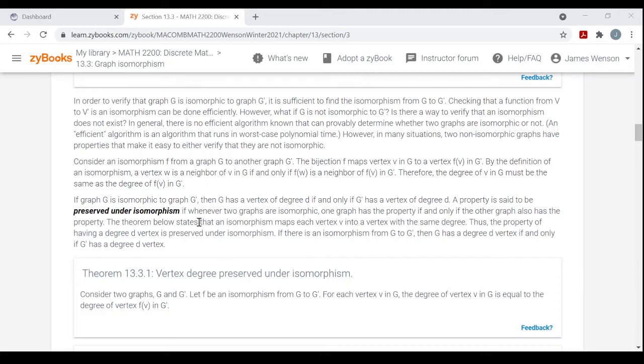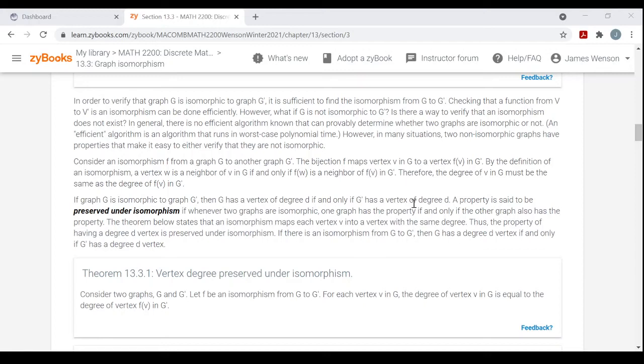So if a graph G is isomorphic to a graph G prime, then G has a vertex of degree D if and only if G prime has a vertex of degree D as well, of the same degree.